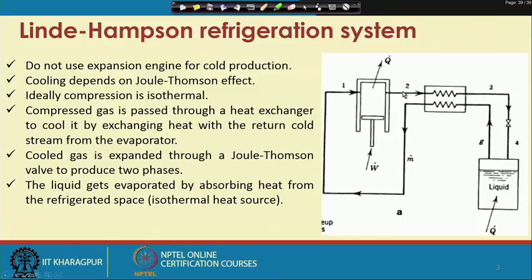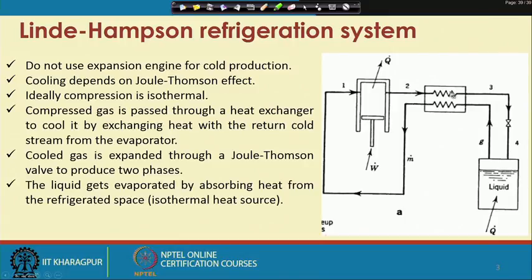And once this is compressed, what happens? It is taken to a heat exchanger where it is cooled, and by this cooling we are able to extract the cold from the return stream from the liquid reservoir. After cooling, we take it to the JT expansion valve, and during this cooling the state has changed from 2 to 3.